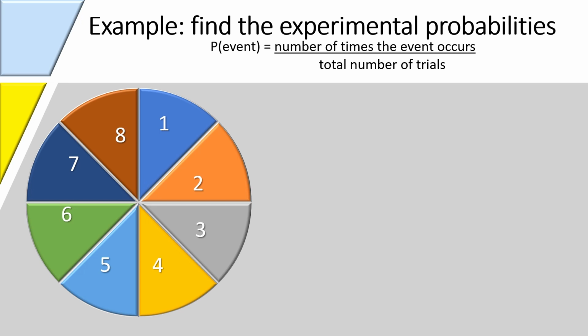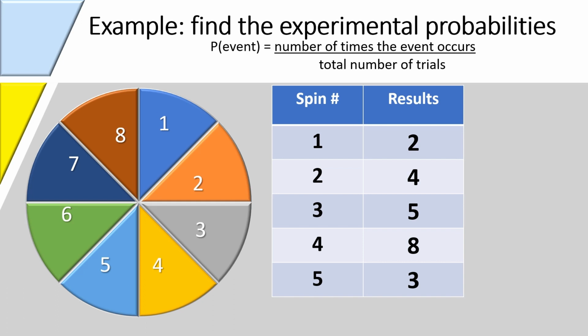The equation is the number of times the event occurs over the total number of trials. So this is what I did. I actually spun this wheel, and the first spin, I got a 2. It stopped on 2. When I went to spin it the next time, it stopped on 4.